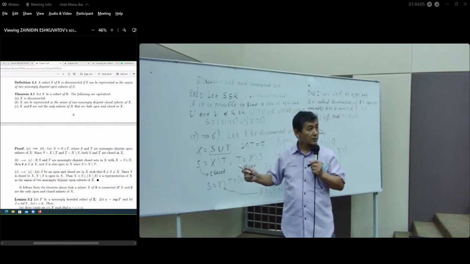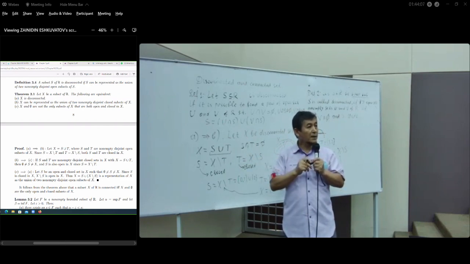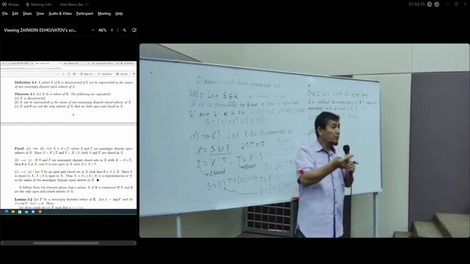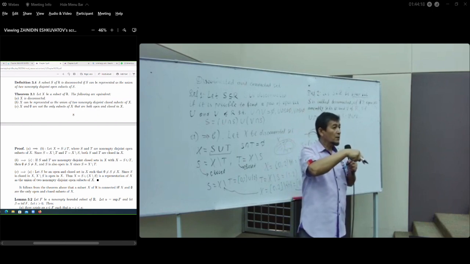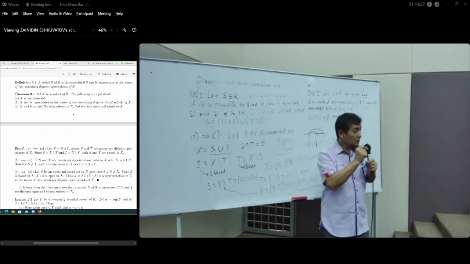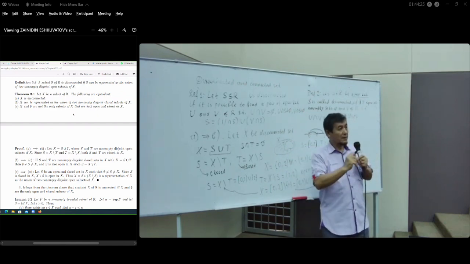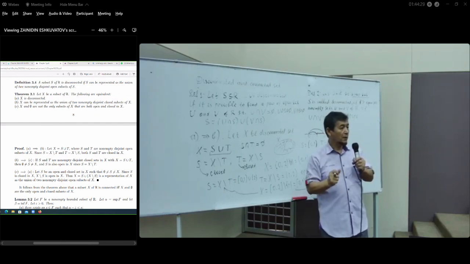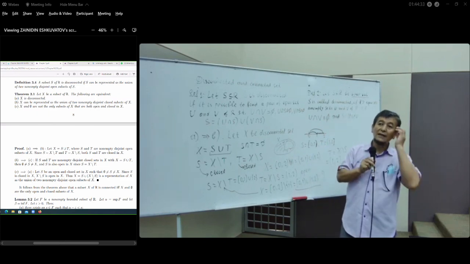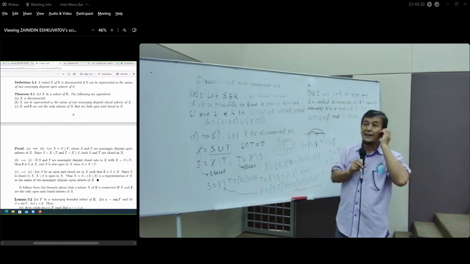If it is a closed set, we cannot write it as a disconnected set, because a closed set includes interior points plus accumulation points. So there shouldn't be any gap. Usually for a disconnected set, we have gaps. At least 1 or 2 points we have to take out from the set. So that's why the proof of this theorem is really not very proper, not very clear.